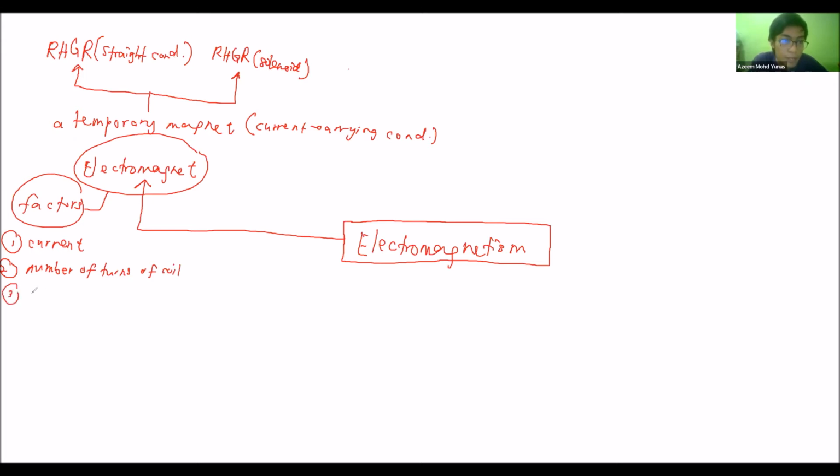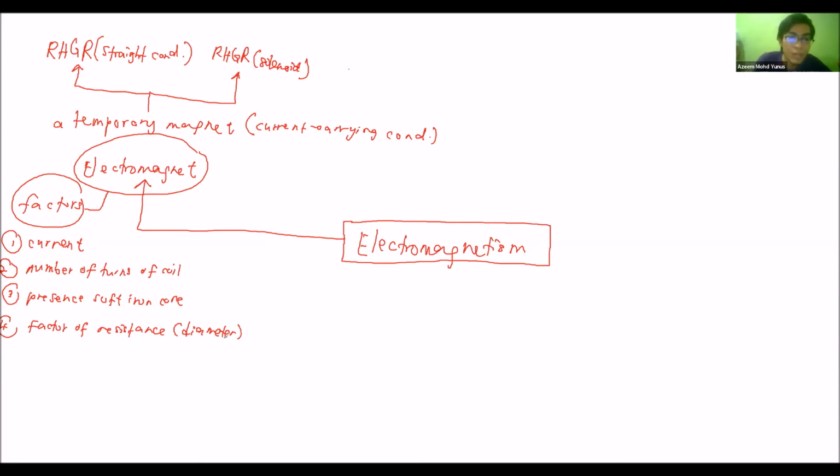Number three is presence of soft iron for a solenoid as well. Number four is resistance, usually the diameter factor of the wire.